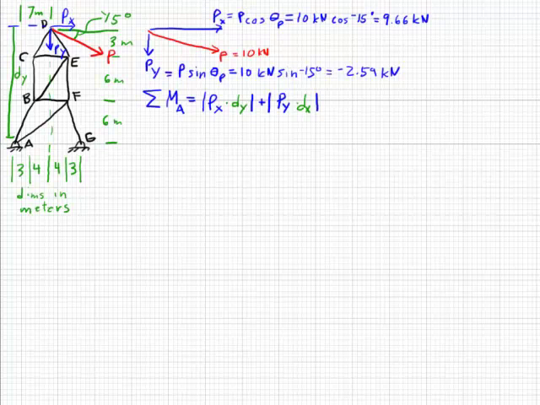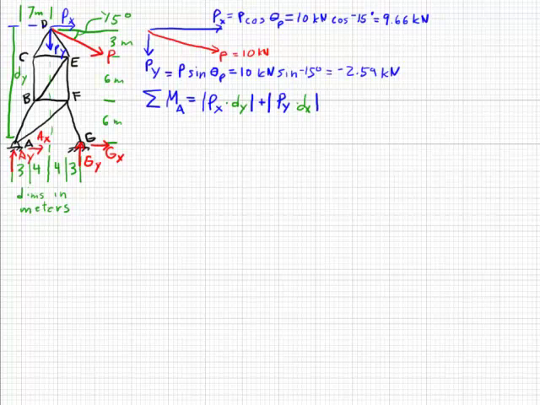Now there are other forces involved. At point A, we have a pin. This pin can take forces in both the y and the x direction. So we have AY and AX. If we remove this pin at point G, we have to replace it with GY and GX.